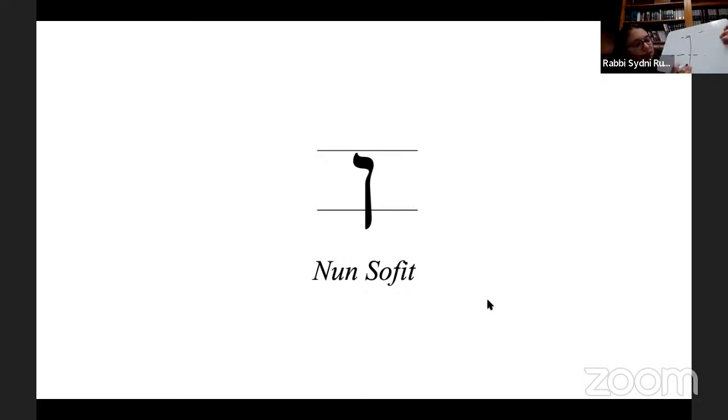Doesn't have to be that far down, but just something below the line so that you know the difference between that and a vav. So that is our nun Sofit.